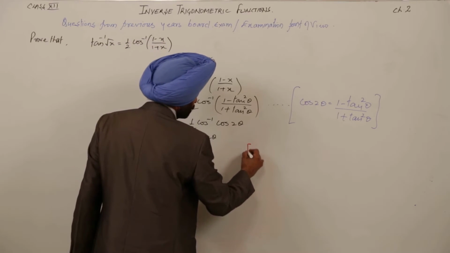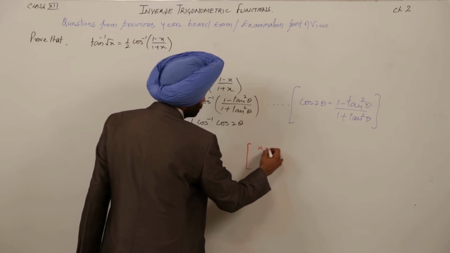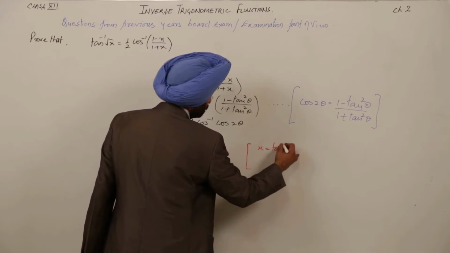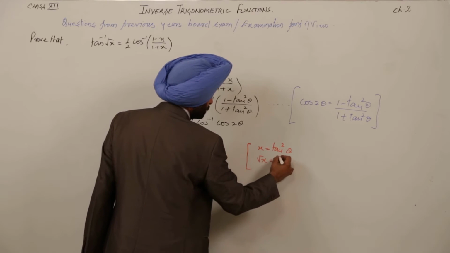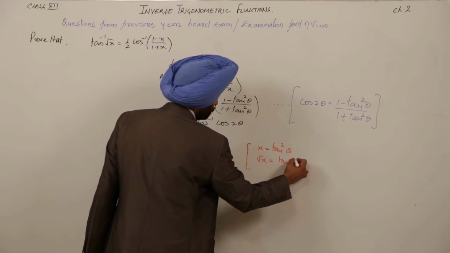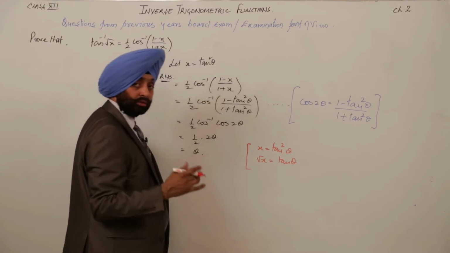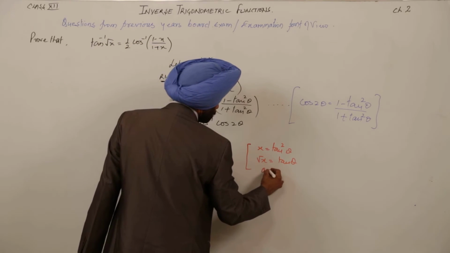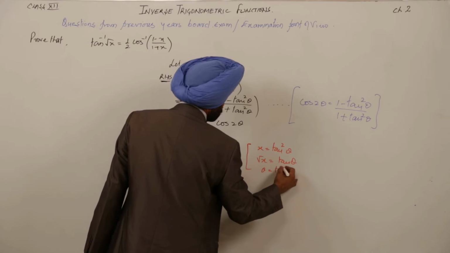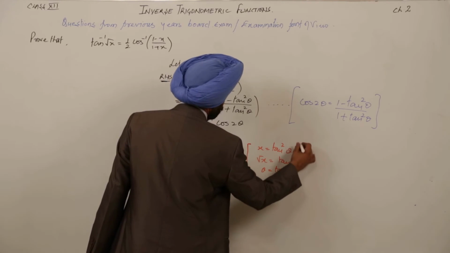Again I am mentioning here, x is equal to tan square theta, so square root of x is equal to tan theta, and by the definition of inverse we get theta is equal to tan inverse under root x.